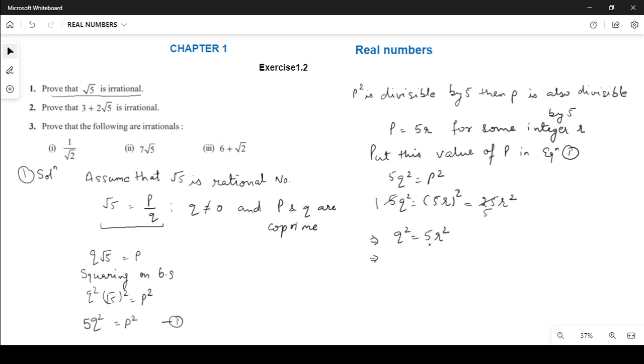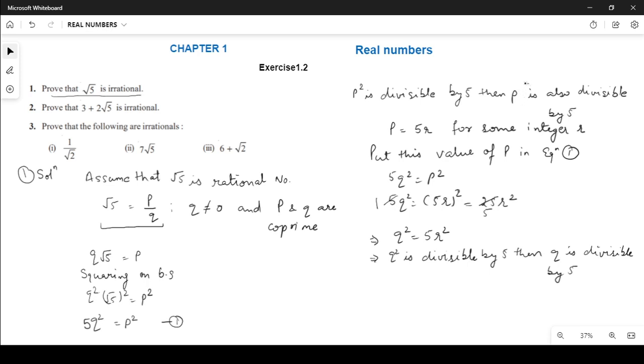This implies that q square is also divisible by 5. If q square is divisible by 5, then again q is divisible by 5, right?